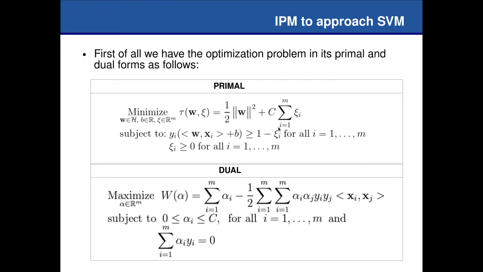I think you guys remember. And this is our cost multiplied by the total value of slackness we've got in our problem. That's the overall relaxation of our problem due to class overlapping.